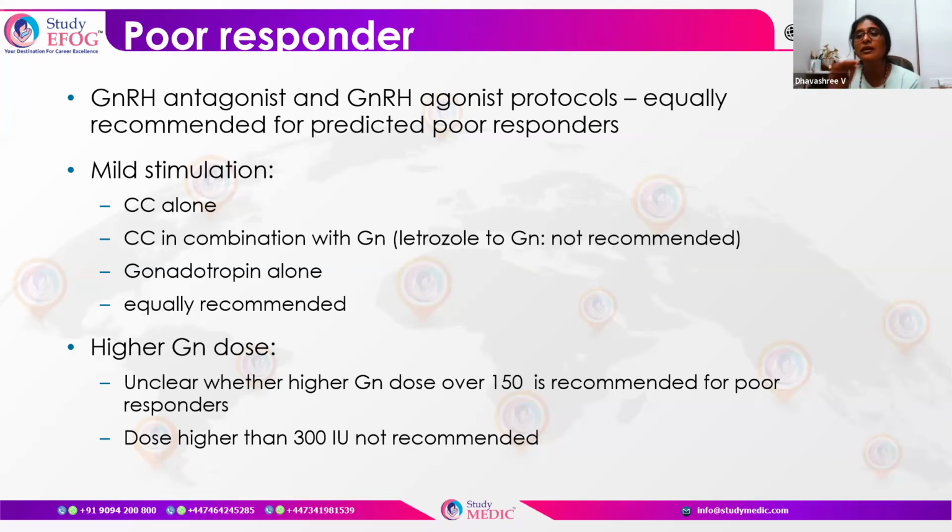But we should not recommend beyond 300 international units of either an FSH or a HMG to stimulate poor responders. So in poor responders, both the agonist and the antagonist are equally recommended.